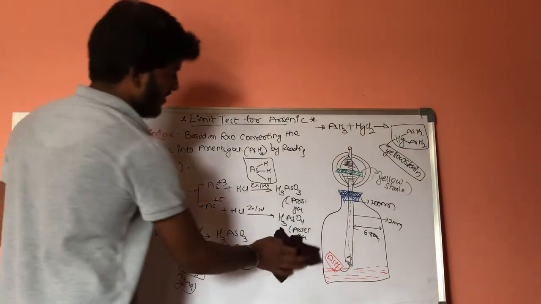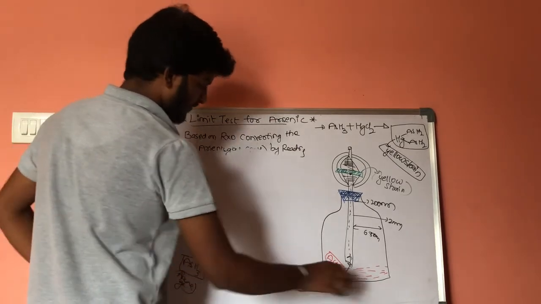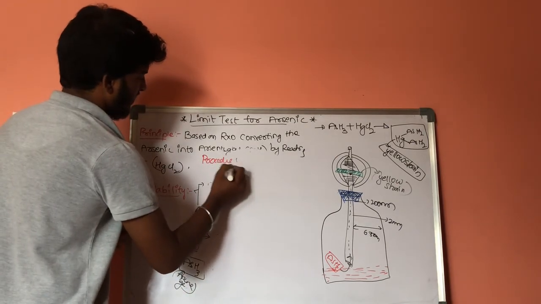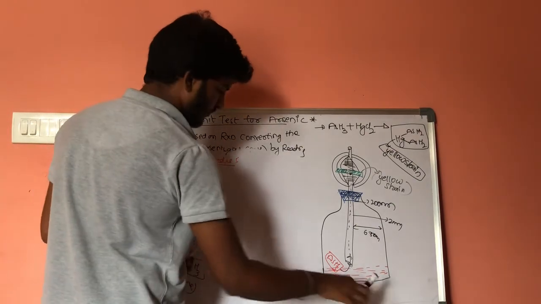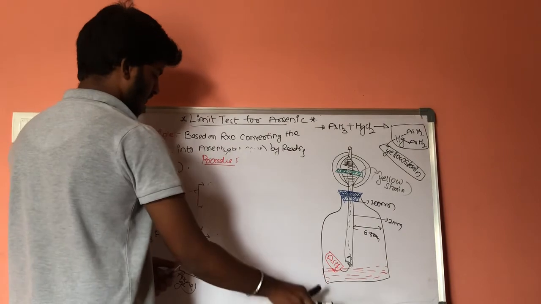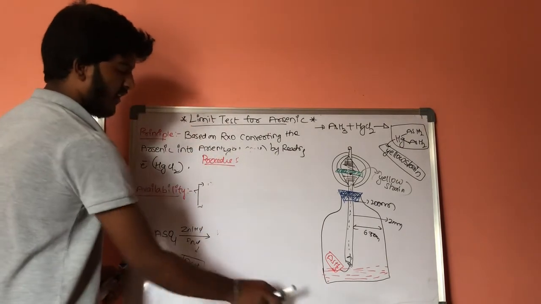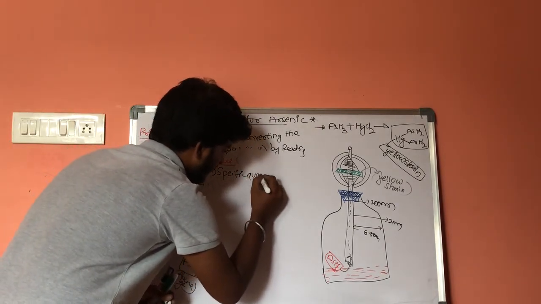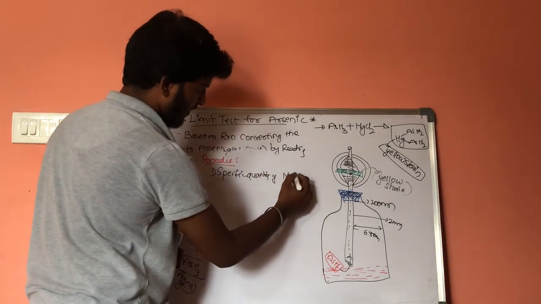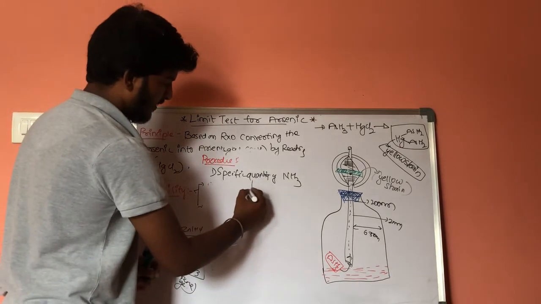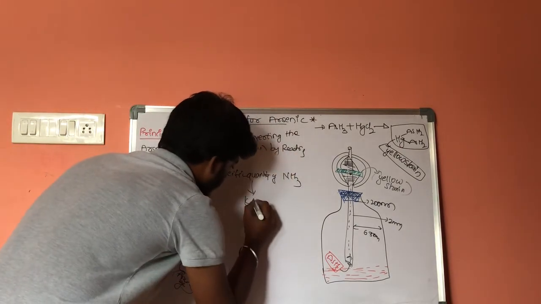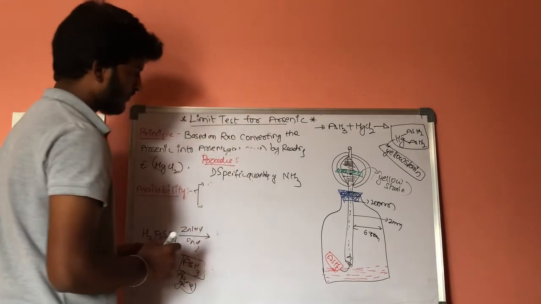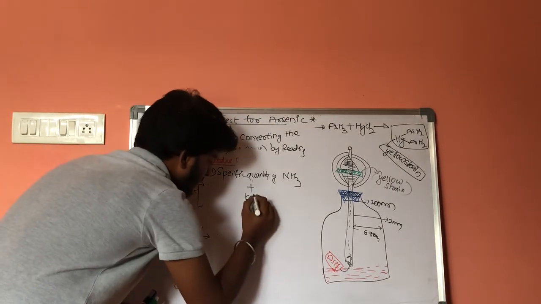And if we discuss the procedure which is involved, we should first take a specific quantity of sample, then add ammonia, then potassium iodide will be added.